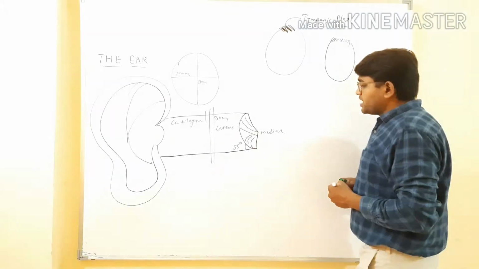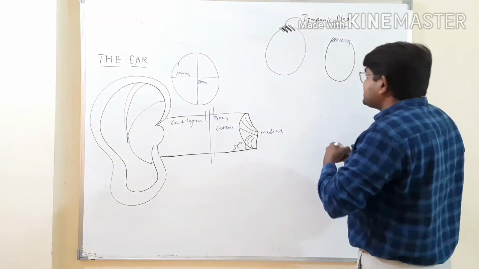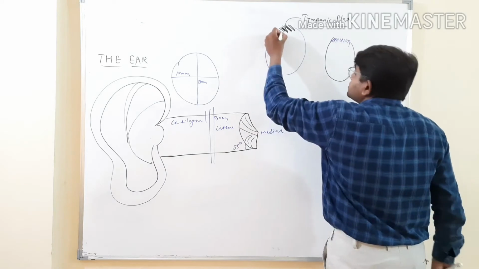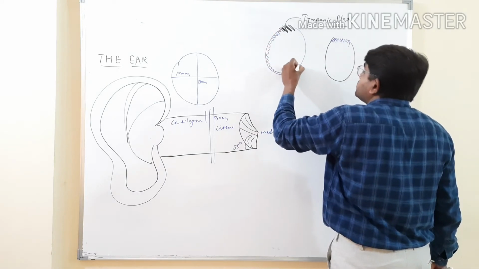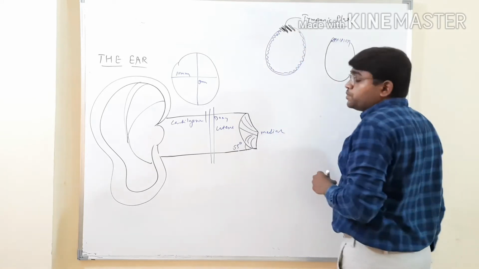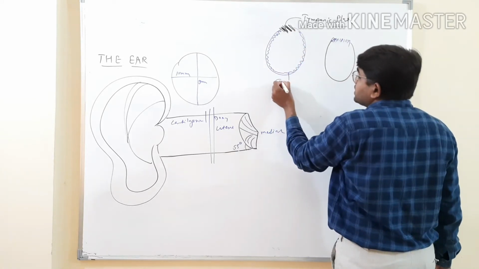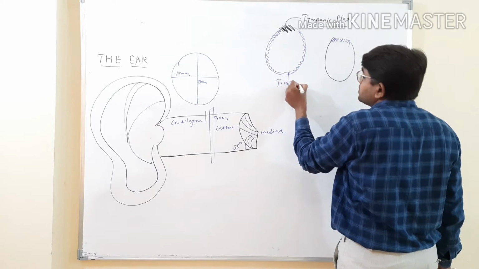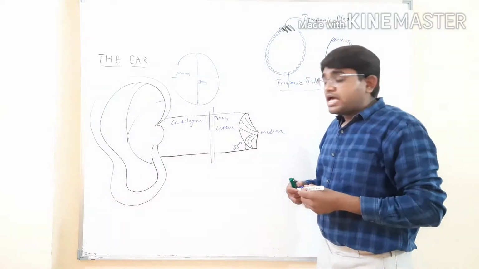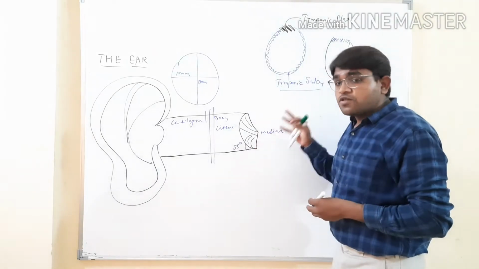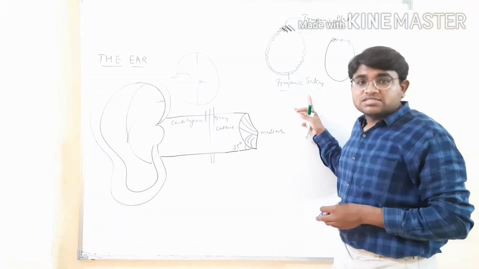Okay, so actually there is a sulcus in the internal margin of the auditory tube, and this sulcus is known as the tympanic sulcus. Okay, and the tympanic membrane is lodged within this tympanic sulcus.